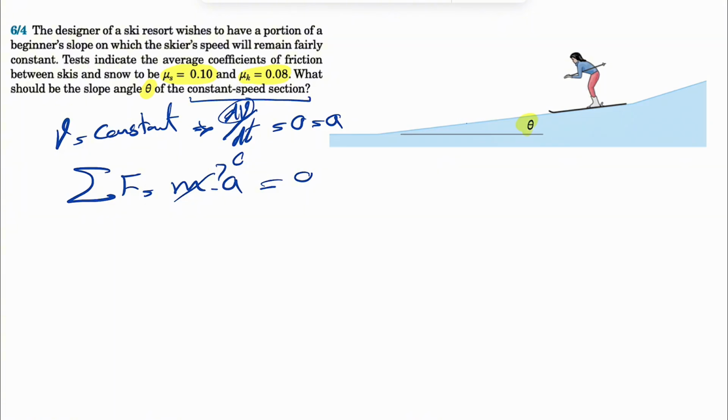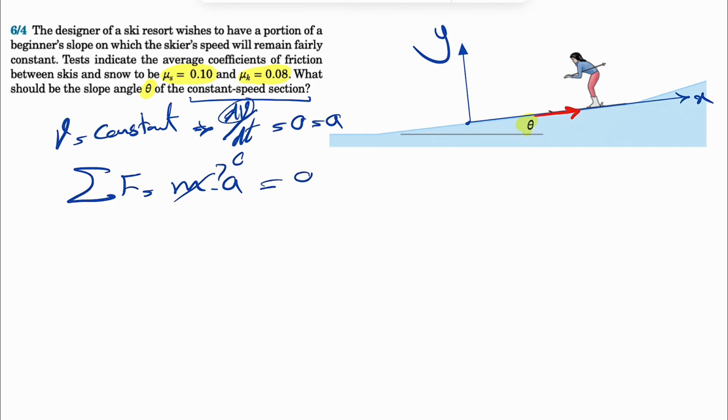Before that, let's draw the free body diagram for this person, and we can call our x and y axes in this question. Let's call this our x, and this will be our y, and show all the forces in red. The skier is going down the hill, so the friction has to be opposite of that.